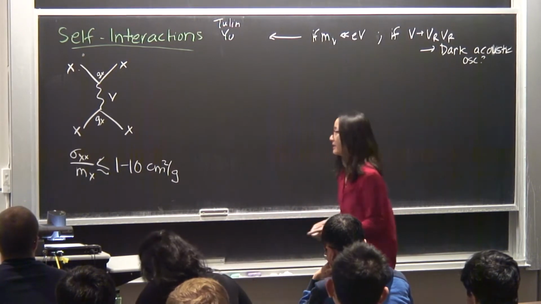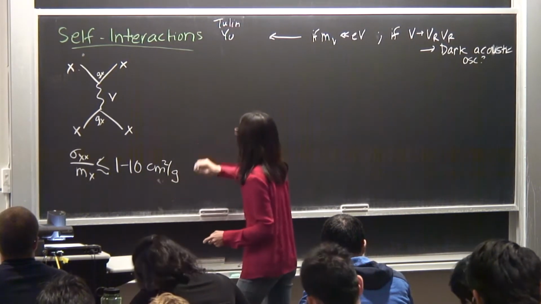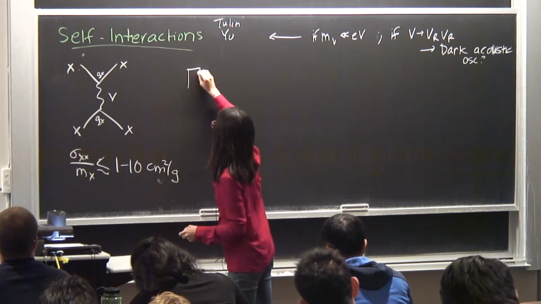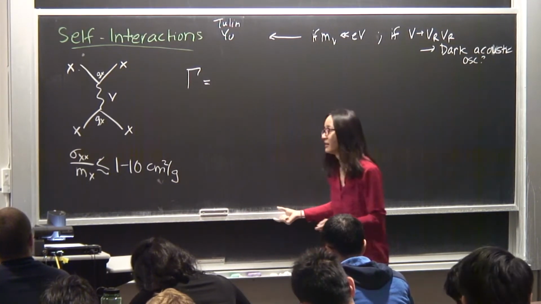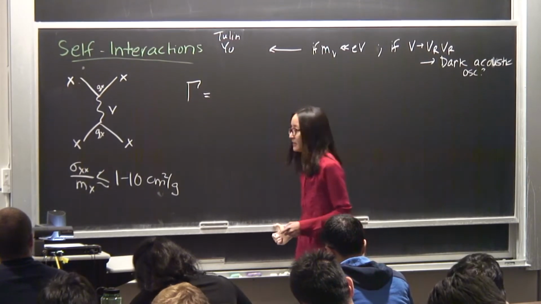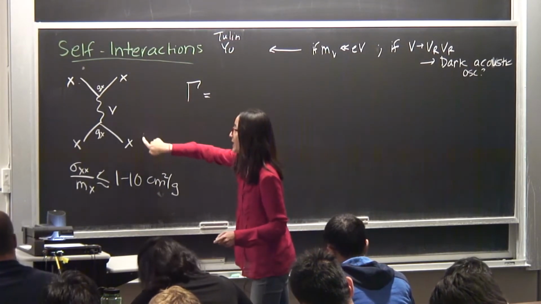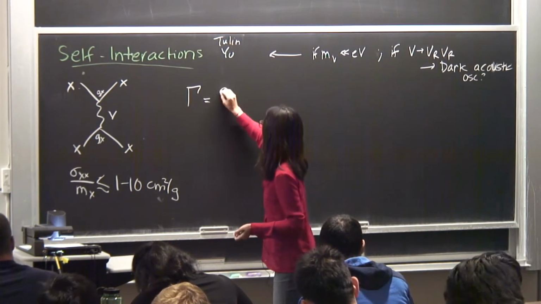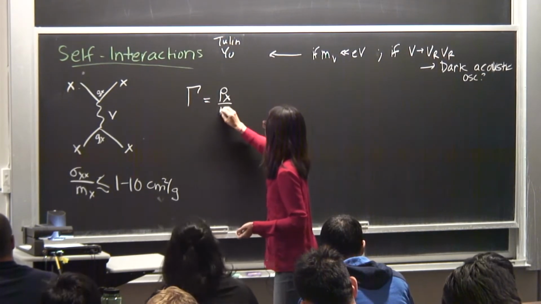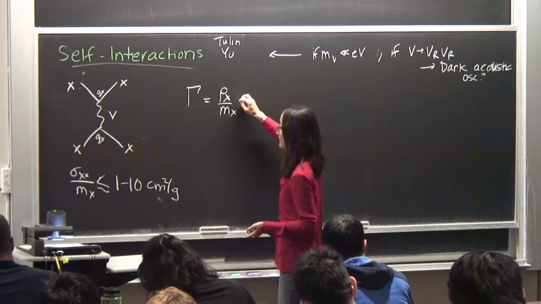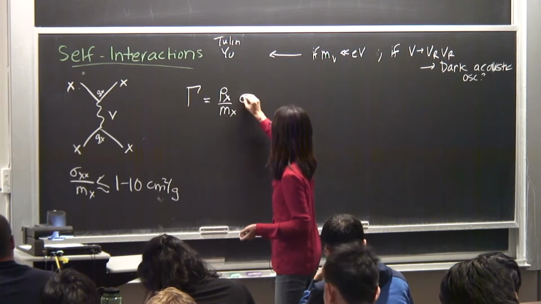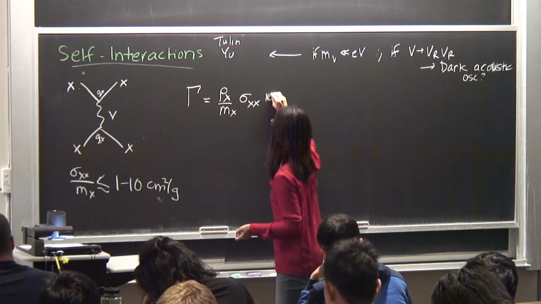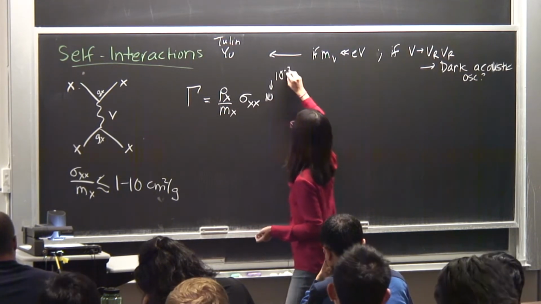Just to give you an idea of where this comes from, let's estimate our rate for self-scattering in a galaxy. So it's given by my number density times the cross section times some typical velocity, which could be around 10 to the minus 3.